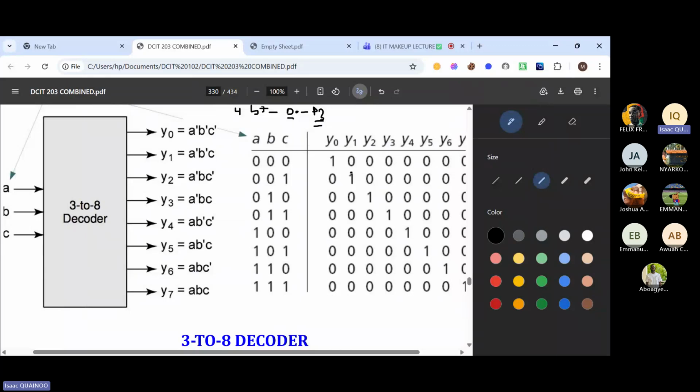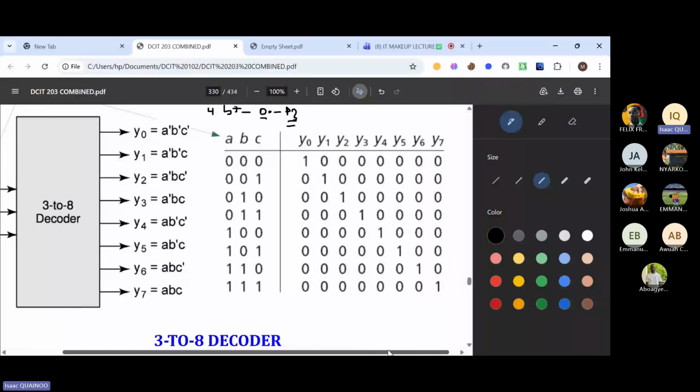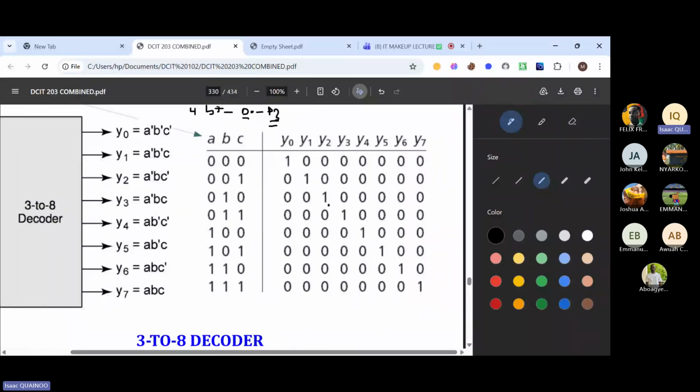So at a time, if you look at the normal decoder, we said that only one output can be high at a time. But in practical applications of decoders, let's say in a lift system, one person will enter the lift and press, let's say, two, and then Y2 will be high.